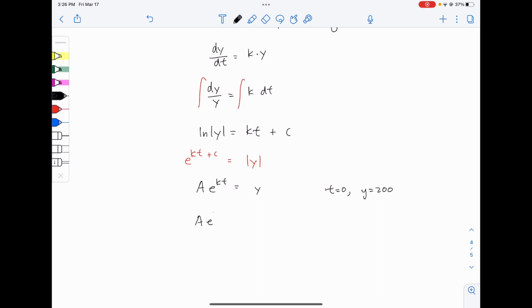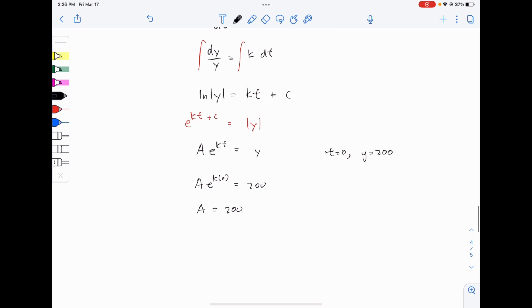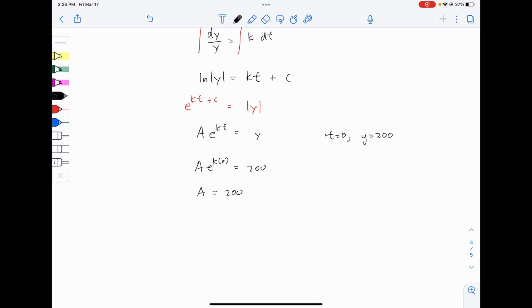A e to the k times 0 is equal to 200, which means a is equal to 200. Our equation now is 200 e to the kt is equal to y. Next, we know there's a half-life of 90 years. So at 90 years, our y value is 100.